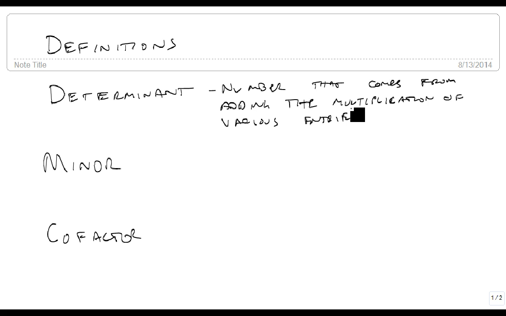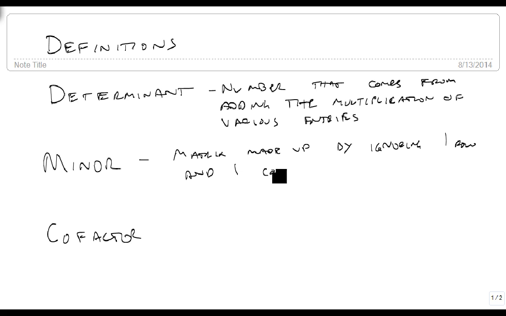A minor is a matrix made up by ignoring one row and one column of a given matrix. So it's always one row and one column smaller.